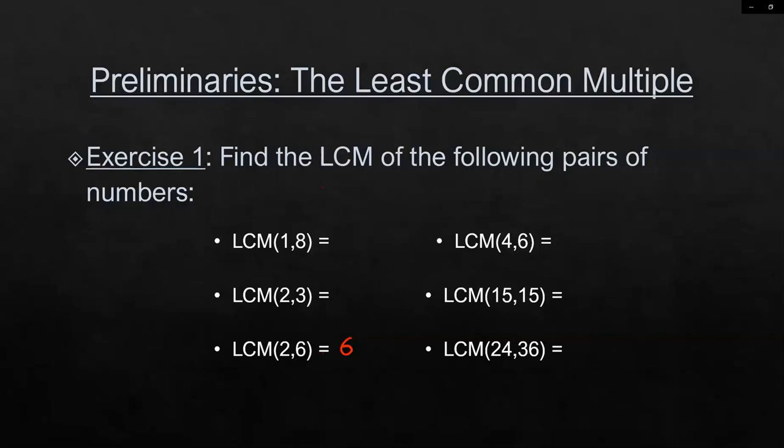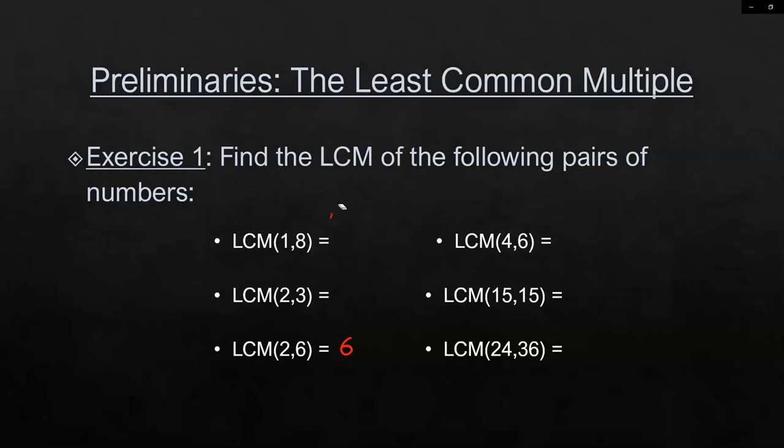Yes, okay, very nice. Essentially, you see that 6 appears here in the multiplication table for 2, and of course 6 immediately appears in the multiplication table of 6. So this is the smallest possible number that is divisible both by 2 and 6. Okay, thank you.